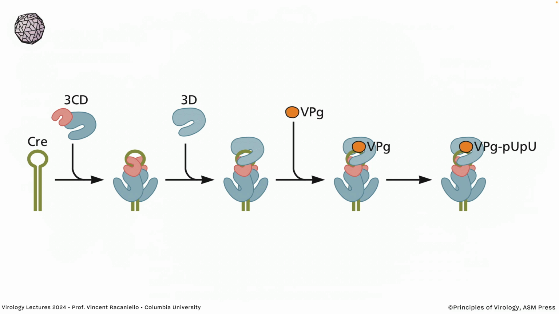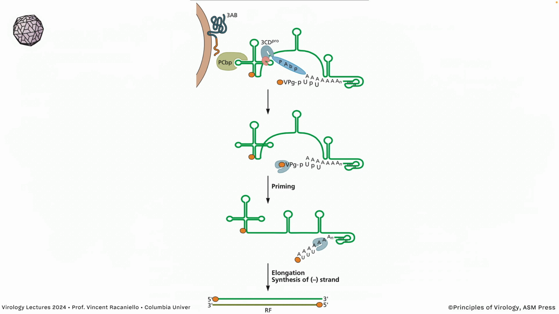UU is going to be the primer for RNA synthesis. So you could guess the first 2 bases of the RNA are AA. They're going to base pair with that UU. Those U's are added because this loop in the Cre element has a series of A residues, so it's a templated reaction.